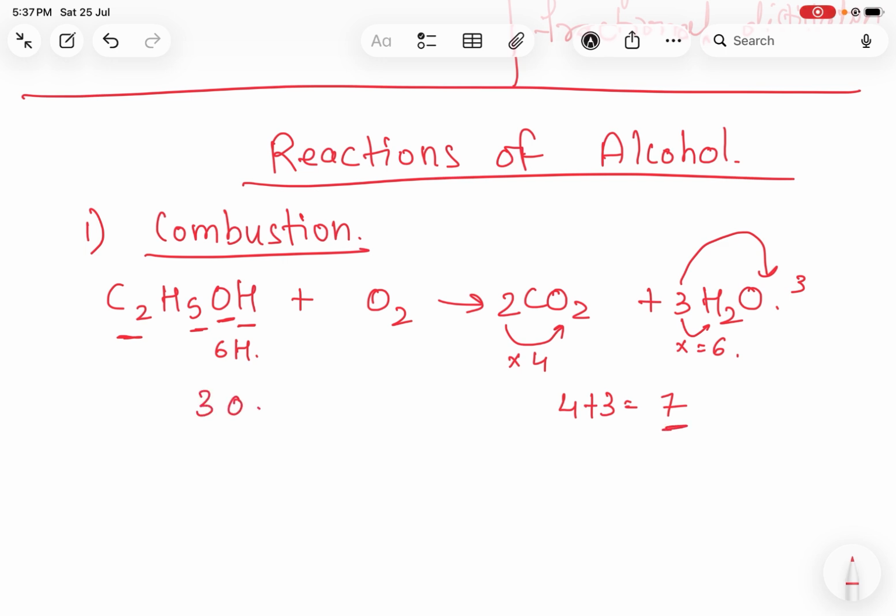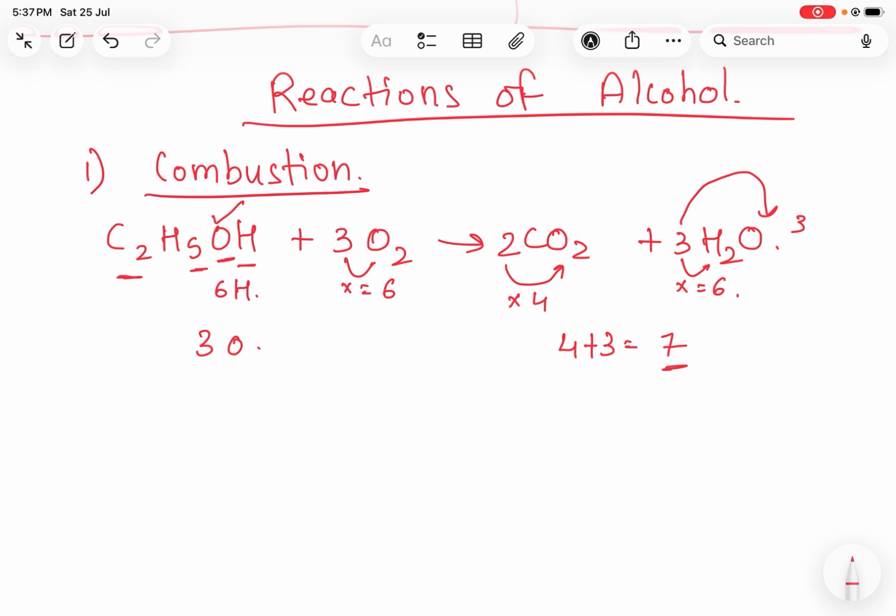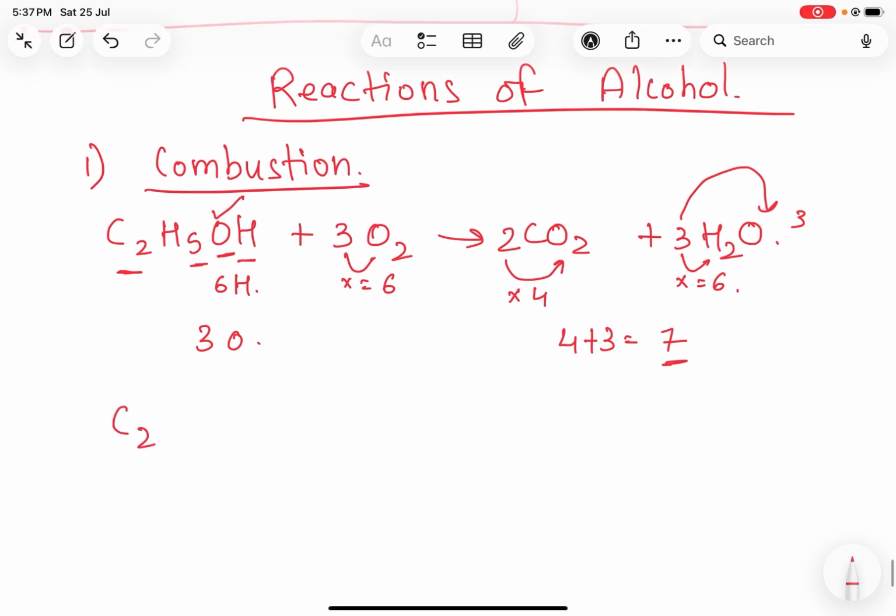Now what we can do is, if I make this as 6 oxygens, so 3 into 2 is 6. So 6 plus my 1 oxygen in alcohol will become 7. So this is my balanced reaction. C2H5OH plus 3O2 gives me 2CO2 plus 3H2O.